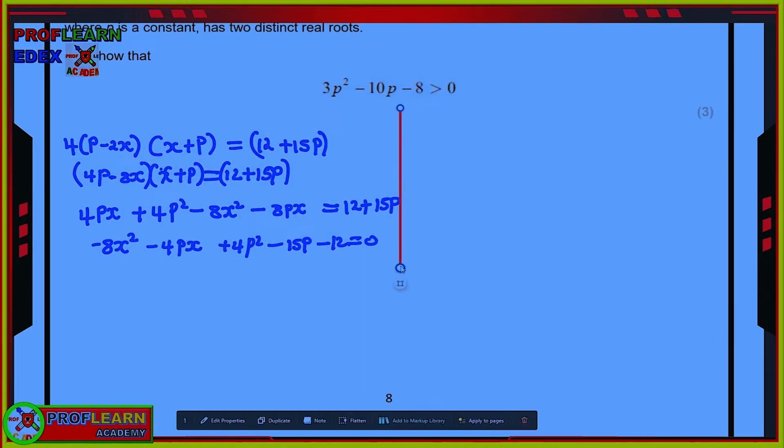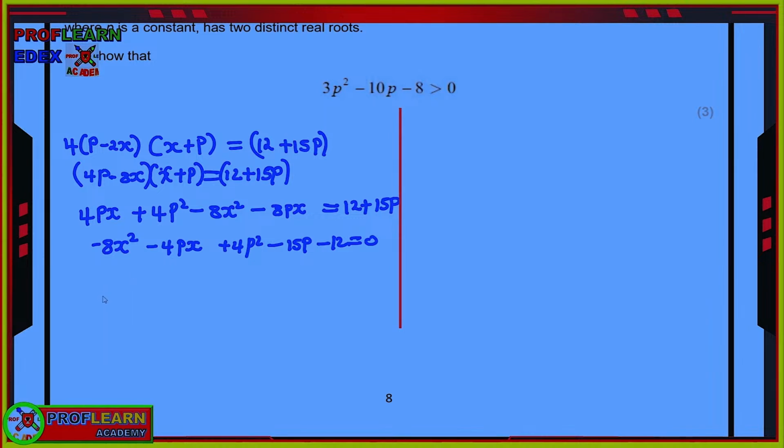Putting the like terms together here, we are going to have a quadratic equation of this form. Now our a is 8, our b is 4p, and our c is negative 4p squared minus 15p minus 12, so that we can work out now the discriminant.